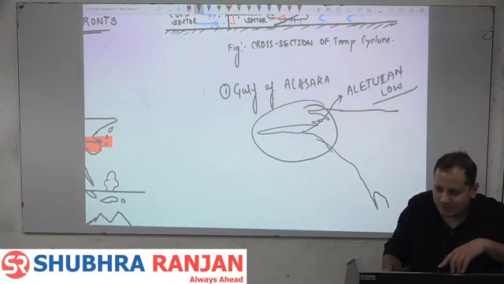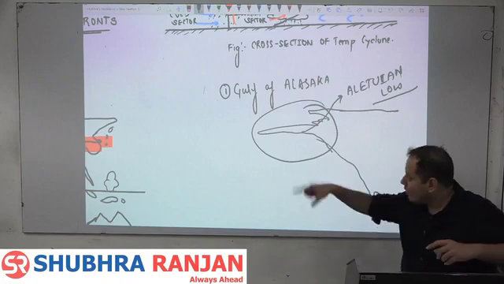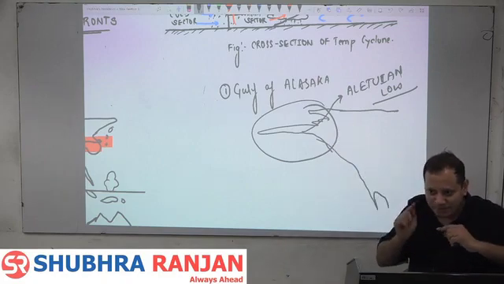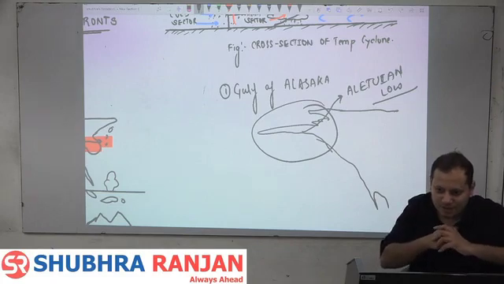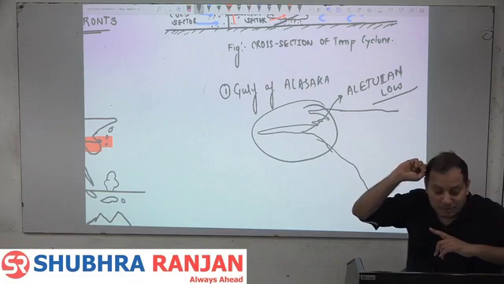Aleutian low. If you remember, permanent low pressure belt in the northern hemisphere, Aleutian low. So it is a subpolar low pressure belt जहाँ पे हमेशा warm westerlies and the cold polar easterlies will be attracted. Therefore, because of the formation of Aleutian low. Remember, that is what you should remember in climate.